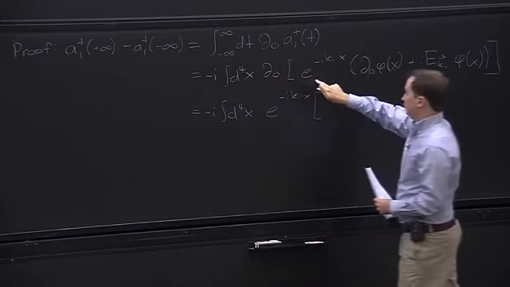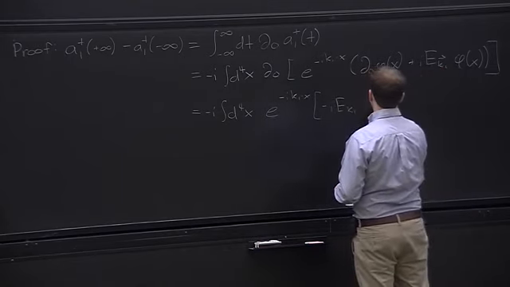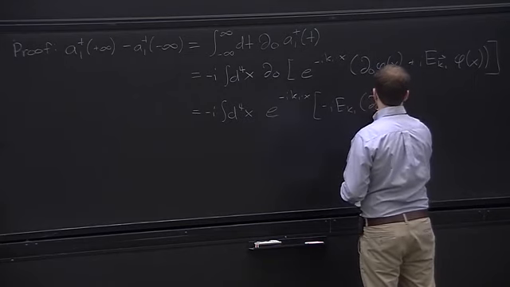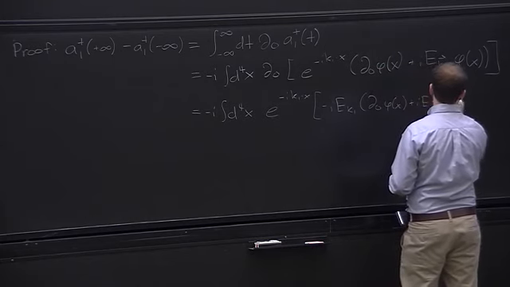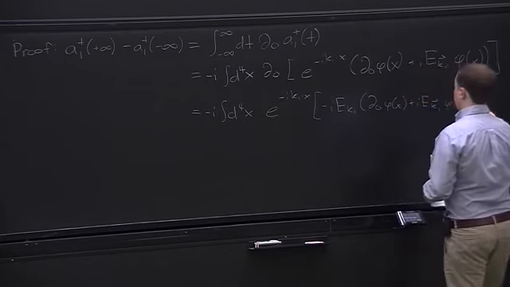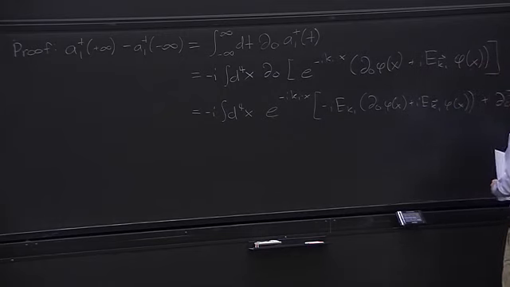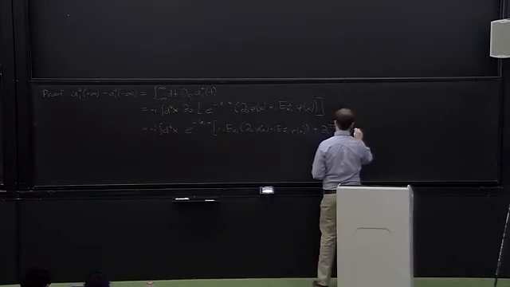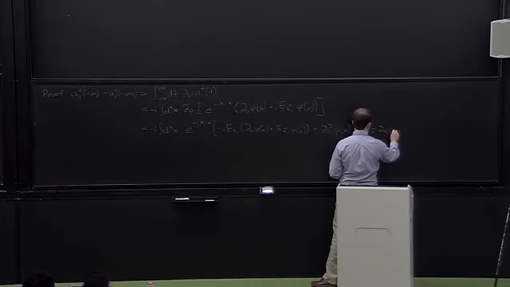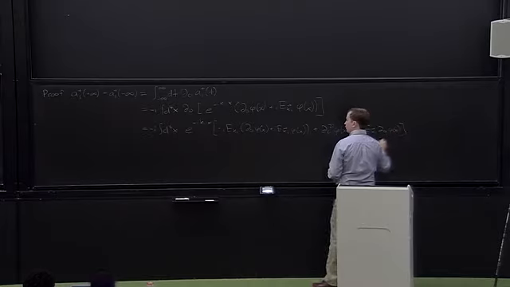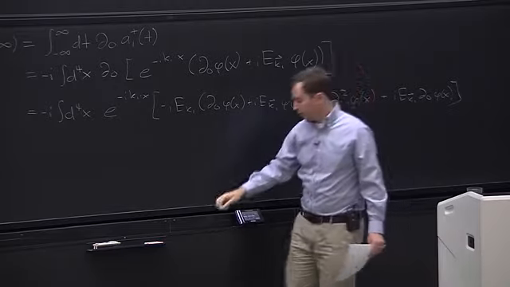We take the derivative on here, we get a minus i E_k1 times this. And then we also get plus the derivative on phi and plus i E_k1 times the derivative of phi. And the first and last terms cancel. I've got exactly the same thing.